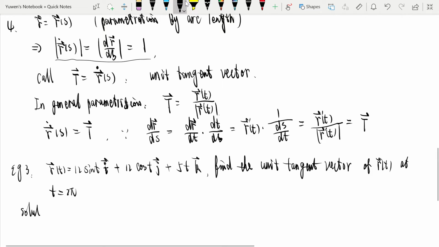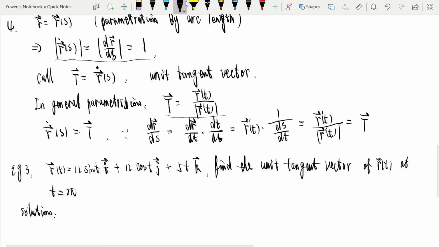The solution is we can use both formulas to find the unit tangent vector.